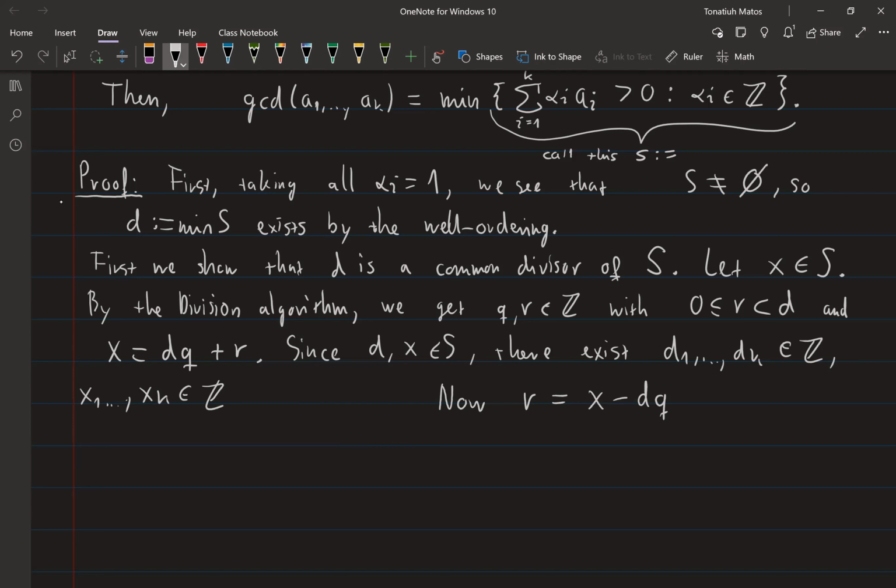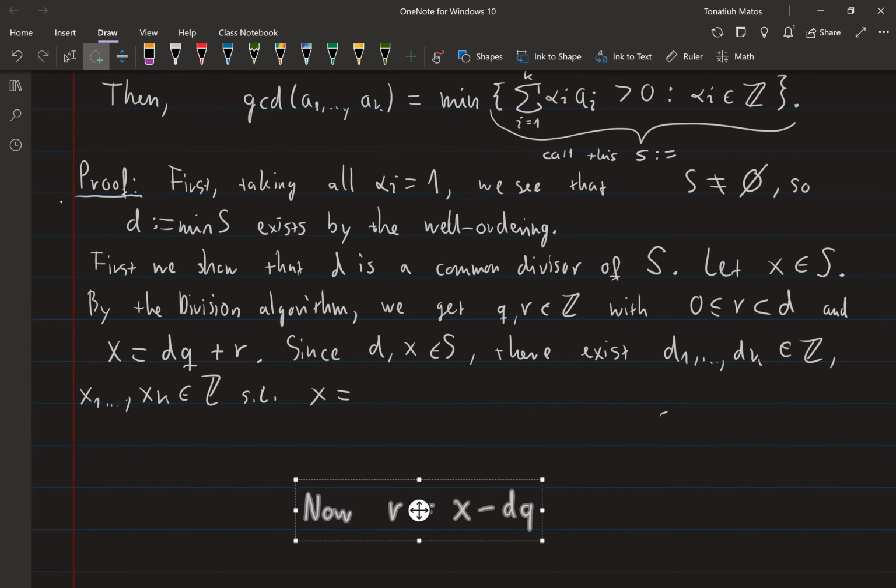The x_k's, these are also integers, such that x is the sum from i equals 1 to k of x_i a_i.